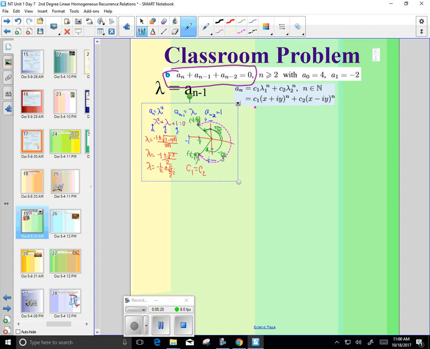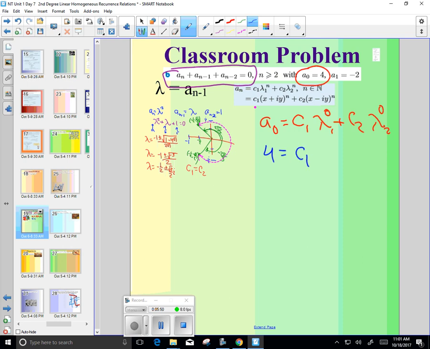Great. And then we're going to take this piece here, A0 is equal to C1 lambda 1 to the 0 plus C2 lambda 2 to the 0. It's going to be nasty, isn't it? But look at this. What happens is A0 is C1 times 1 plus C2, and if C1 is equal to C2, what is that going to be equal to in this example?